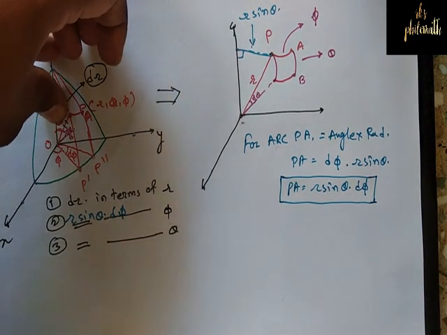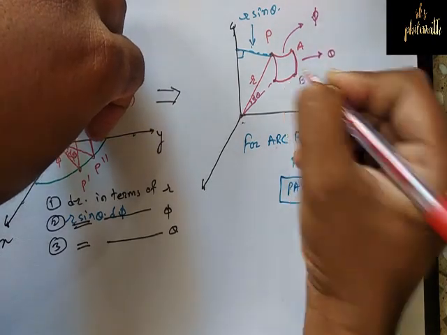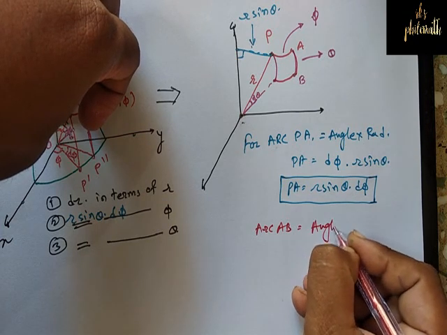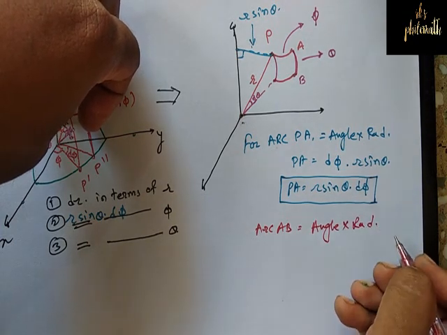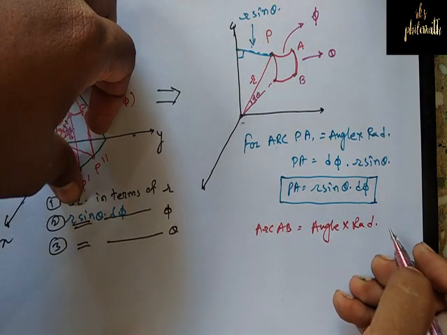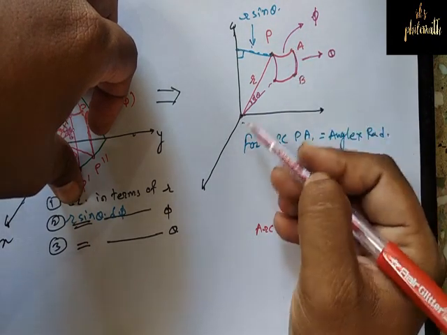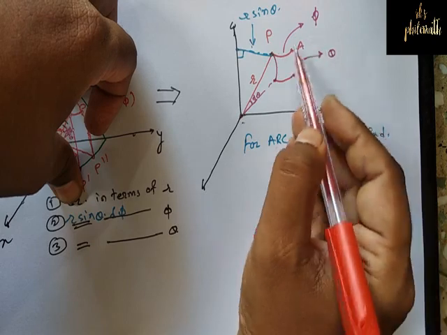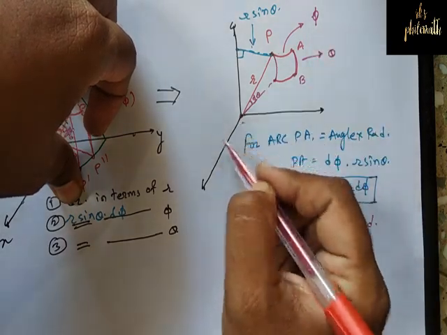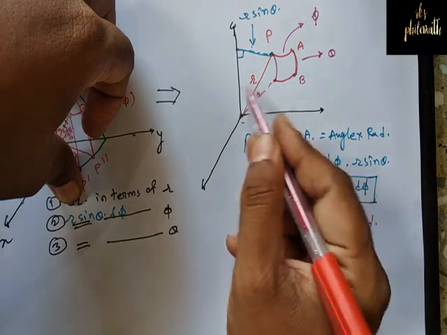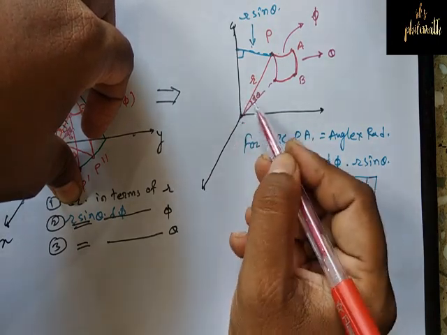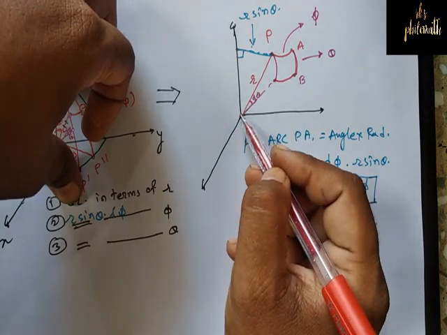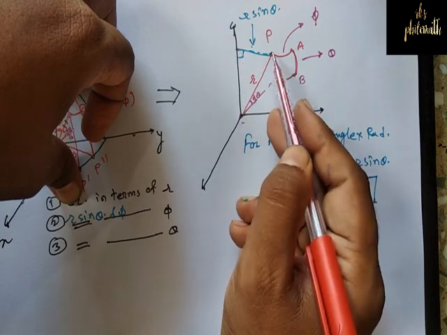Now we have to calculate AB. Arc AB is equal to angle into radius. This is with respect to theta, so the radius is r from the origin, not from the z axis. For phi the variation is along the z axis, with the z axis as a center, so the radius will be r sine theta, not r.